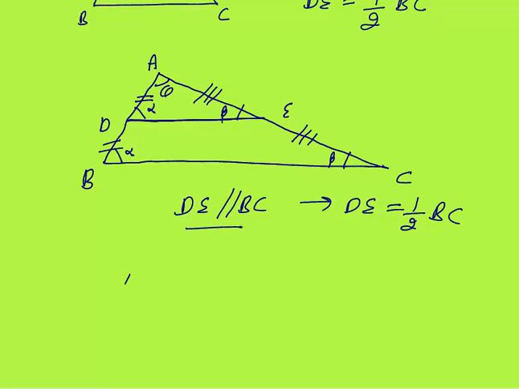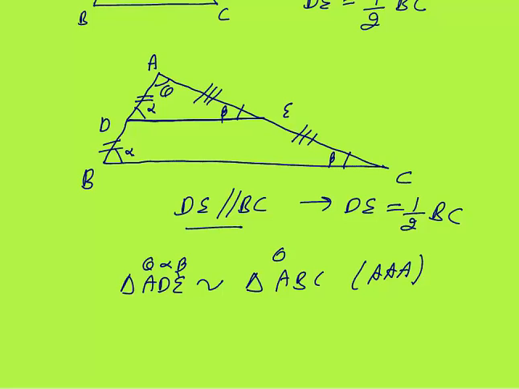So I can always say that triangle ADE is similar to triangle ABC by AAA, because the angles theta, alpha and beta are here also. Those triangles are similar, the smaller triangle and the larger triangle, and the sides are in the ratio 1:2.